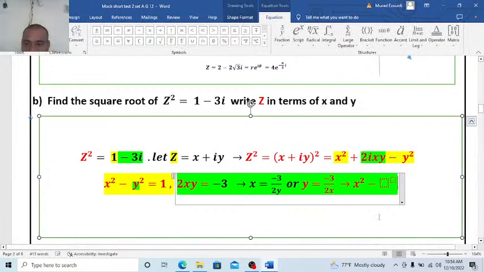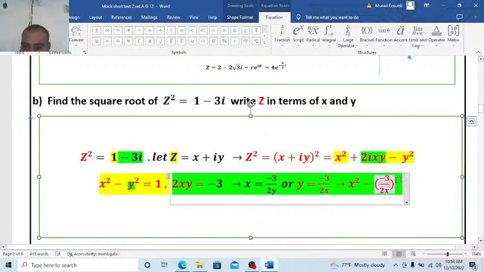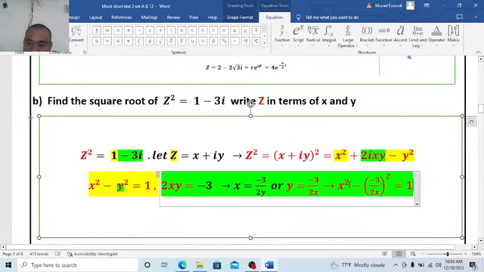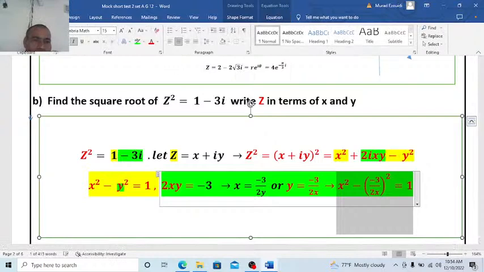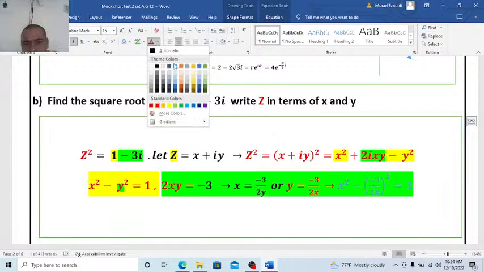I will write between parentheses, then I paste this here, then I close my parentheses, then I square this with the number 2, which is equal to, in fact, 1. This one is equal to 1. Okay, this is now my new equation. I will write it down. My new equation, I will change the color, maybe blue, it's better. Okay, no problem.